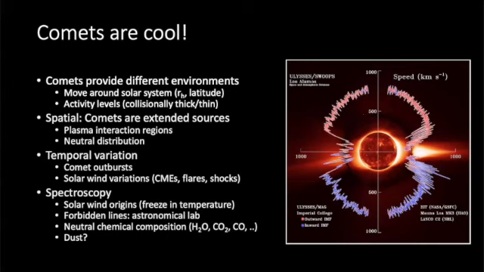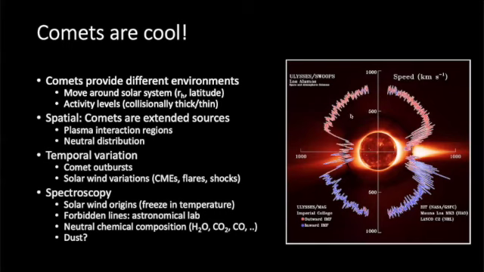Comets really provide you with very different environments. They move around the solar system just any way they see fit. You can observe them at different heliocentric distances. You can observe them at different heliocentric latitudes. And because of that, they can sample different parts of the solar wind. Remember that we started with an overview of solar X-rays and the solar wind parameters.